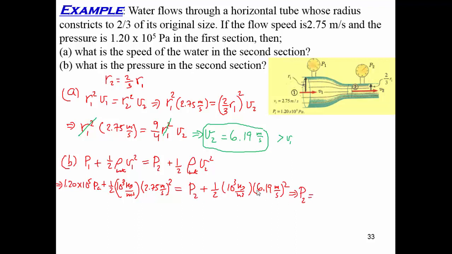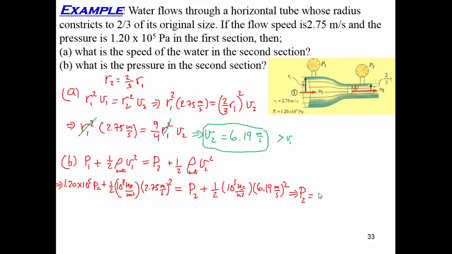If you carry out the calculation, 1/2 times 1000 times 6.19 all squared should give you around 19,142.578 Pascal, and 1/2 times 1000 times 2.75 meters per second squared should give you around 3,781.25 Pascal.